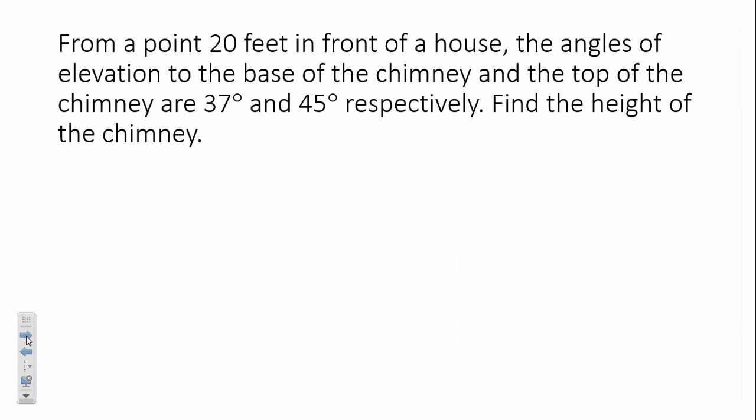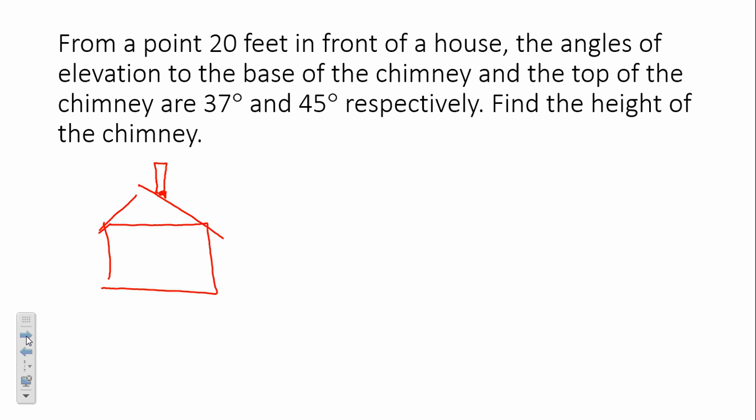From a point 20 feet in front of a house, the angles of elevation from the base of the chimney to the top of the chimney are 37 and 45 degrees respectively. Find the height of the chimney. Okay? Now we've got a house. Didn't have a picture of my house with a chimney on it. Here's the start of the chimney. Here's the top of the chimney.